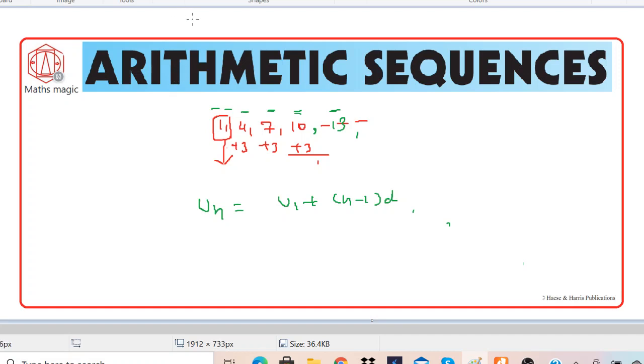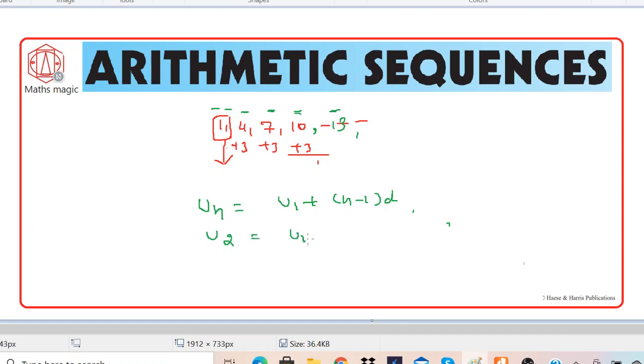If we replace n with certain numbers, let's see what happens. If you have n as 2, we will not start with 1, because if you keep 1 over here, then obviously it's going to be u1 only. So let's start with u2.